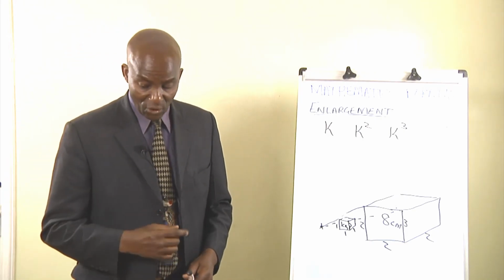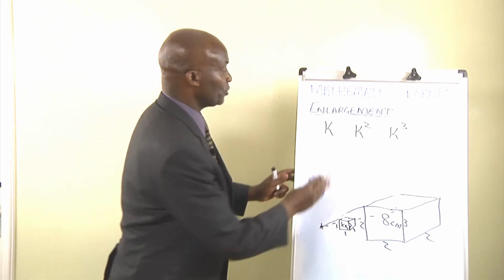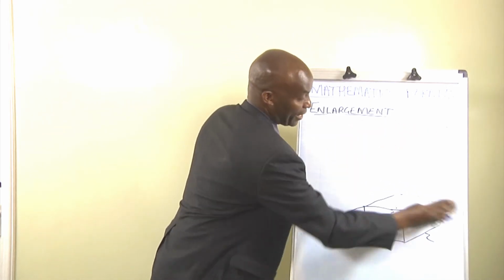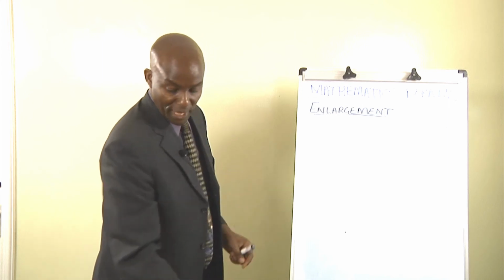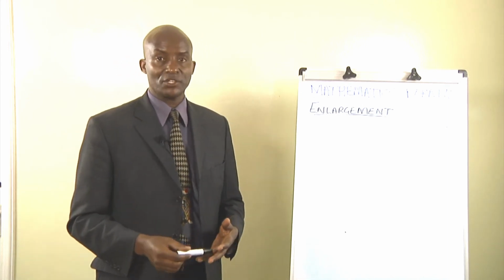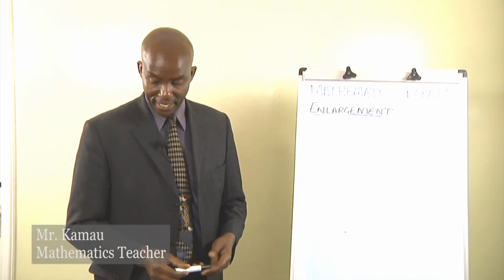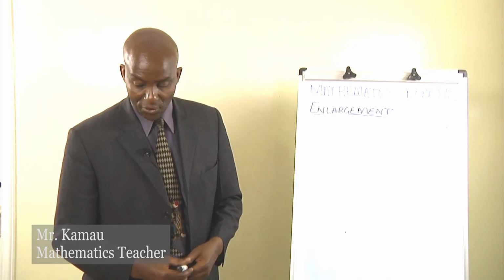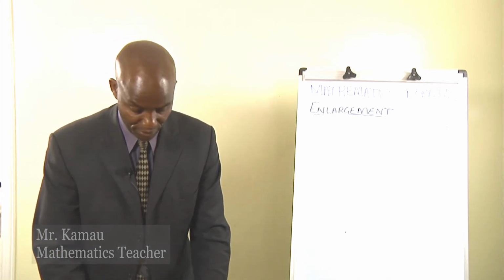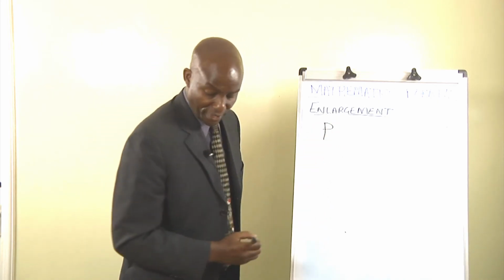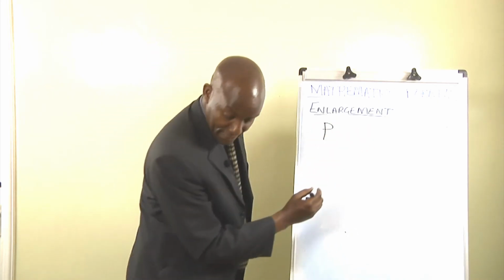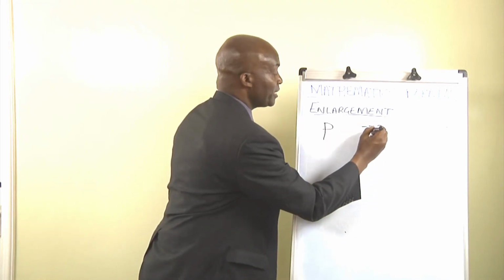Now, I'll just go to one question because of time regarding what we have covered so far. We have covered translation, reflection, rotation, and enlargement. Let me take a question on translation. You are given that a point P is translated by a vector -3, 4.